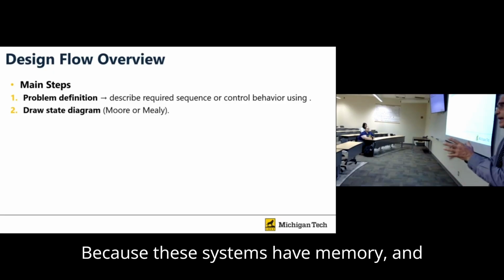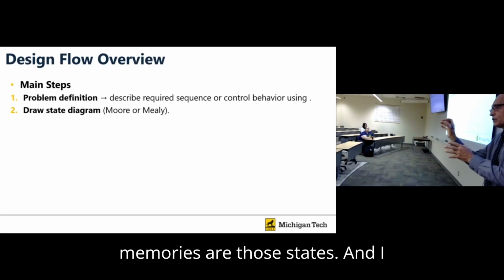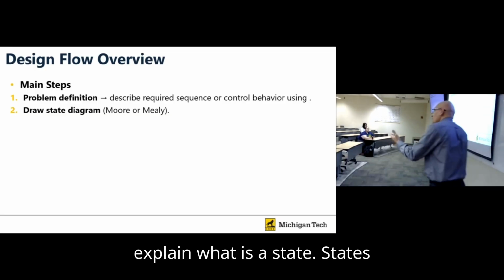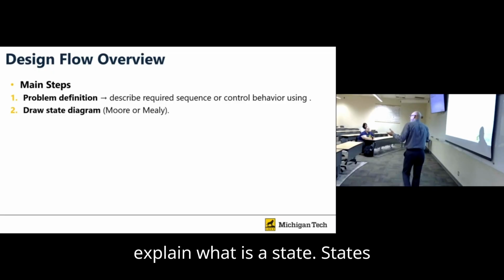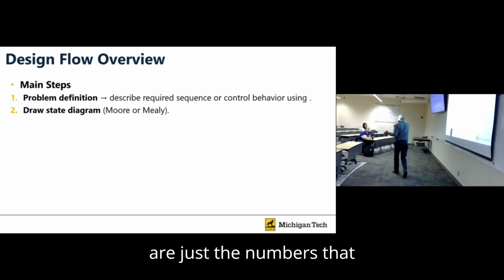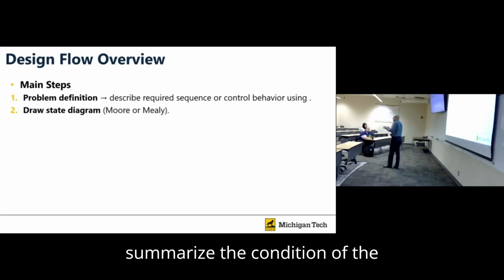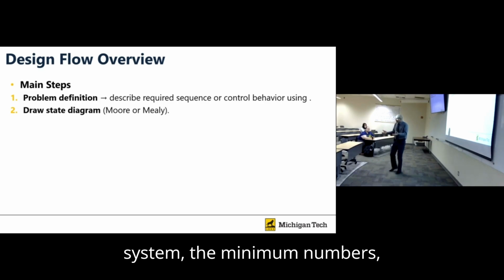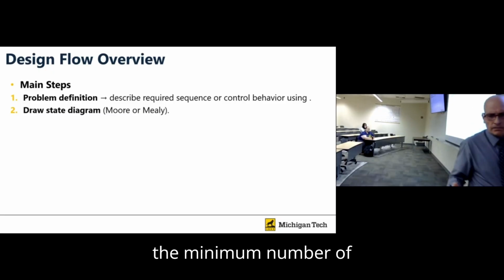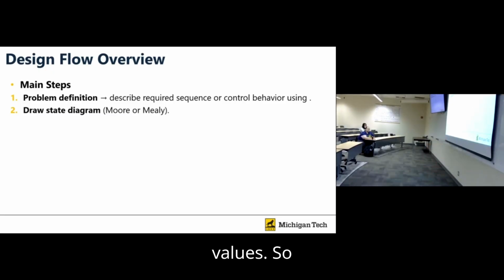Because these systems have memory, and memories are those states. And I explain what is a state. States are just the numbers that summarize the condition of the system. The minimum numbers, the minimum number of actually values.